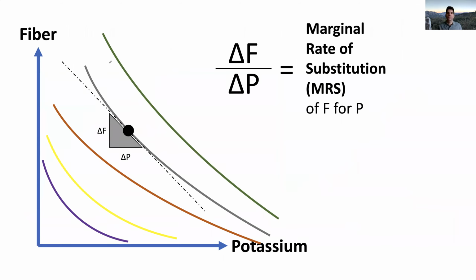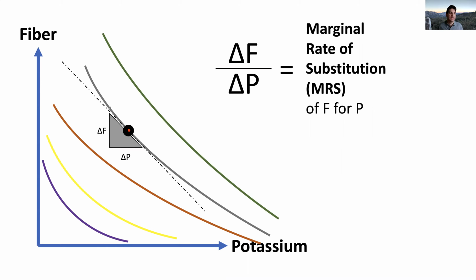And so if we look back at our multi-good utility framework here, then we can look at the slopes of these curves, and we can say at any individual point, so at any individual good, if you were to decrease the amount of fiber or amount of potassium, how much fiber would you need to add to stay on the curve?